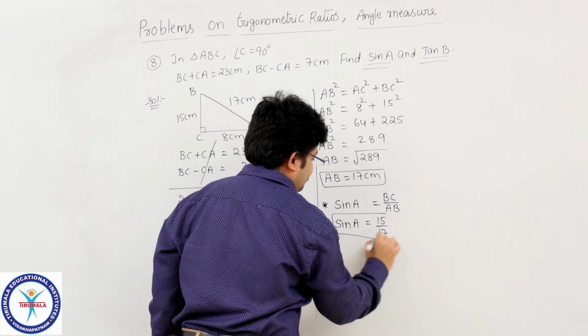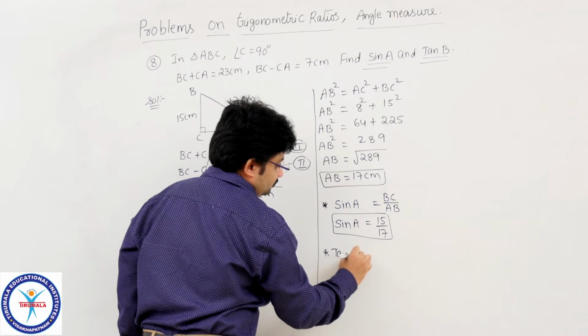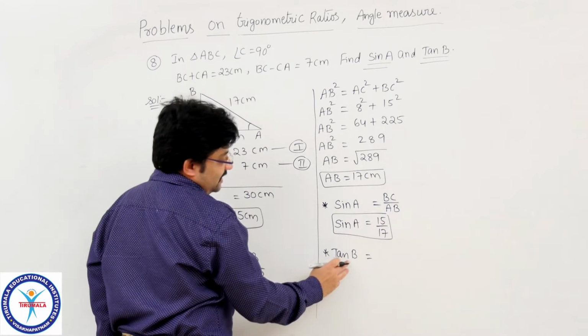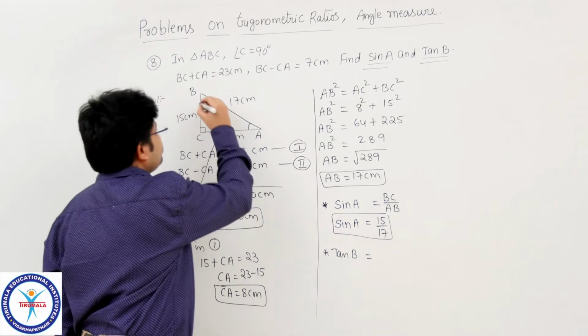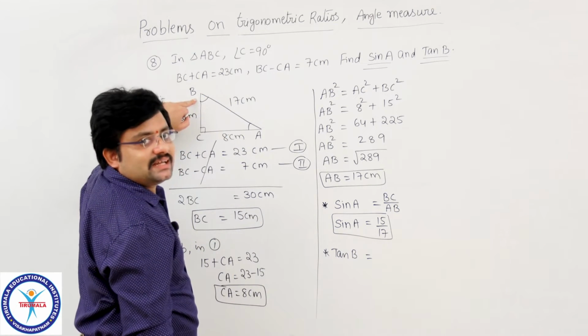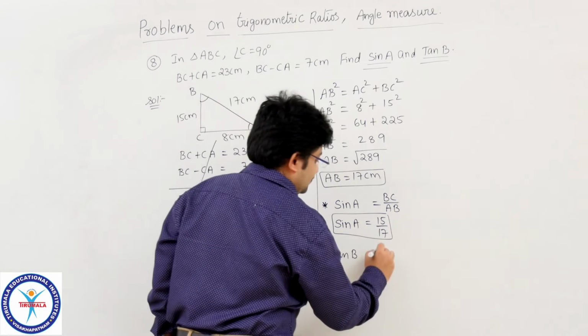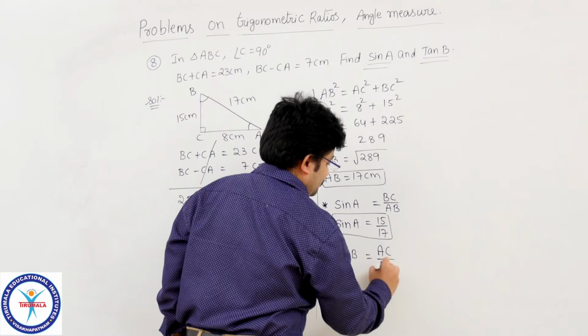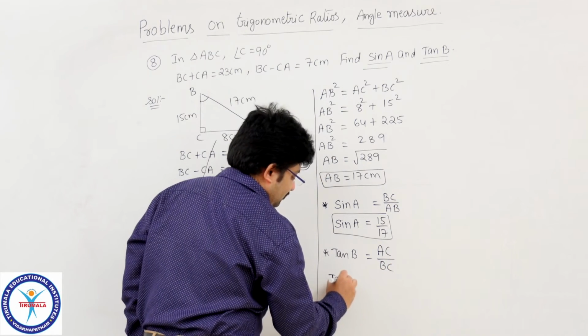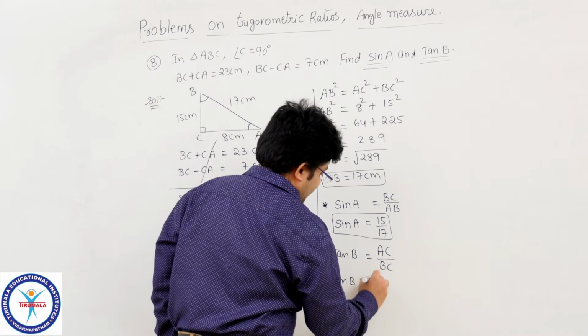Next one is tan B. Tan B is opposite side by adjacent side, AC by BC. Therefore, tan B is equal to 8 by 15.